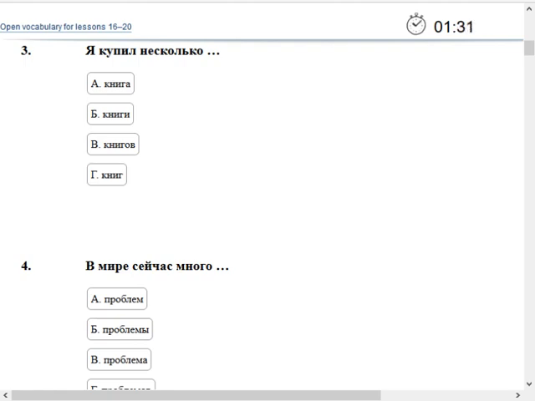So indefinite quantities like I bought several or I bought a few, if there's not a specific number, then these non-specific quantities like a little bit or some take the genitive plural. So kniga is the regular word. A kniga is a book, but the genitive plural of kniga is just knig.